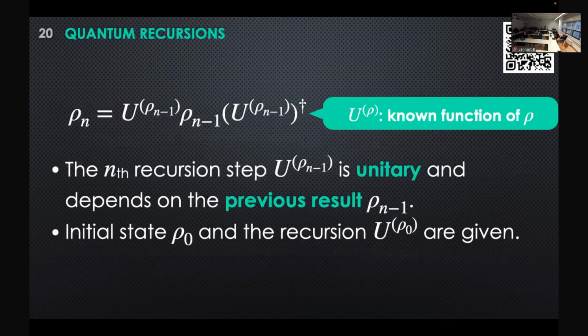This is a general form of quantum recursion where your state is evolving by a unitary that depends on the state itself. We assume that we know the initial state.